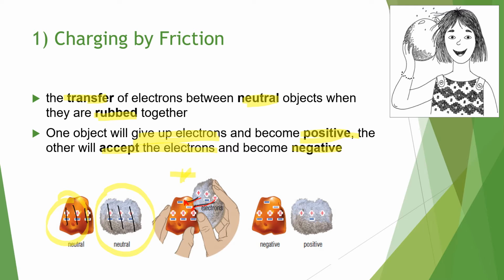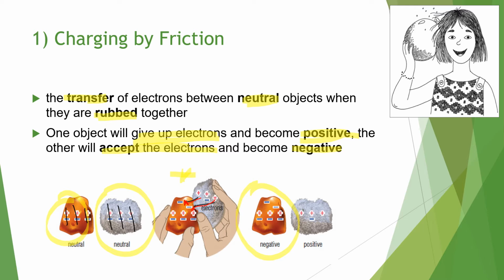So they move from the gray object to the orange object. And now over here, you'll see that the orange object now has more negatives than positives. So we actually have 5 negatives and only 3 positives. So that gives the orange object ultimately a negative charge.